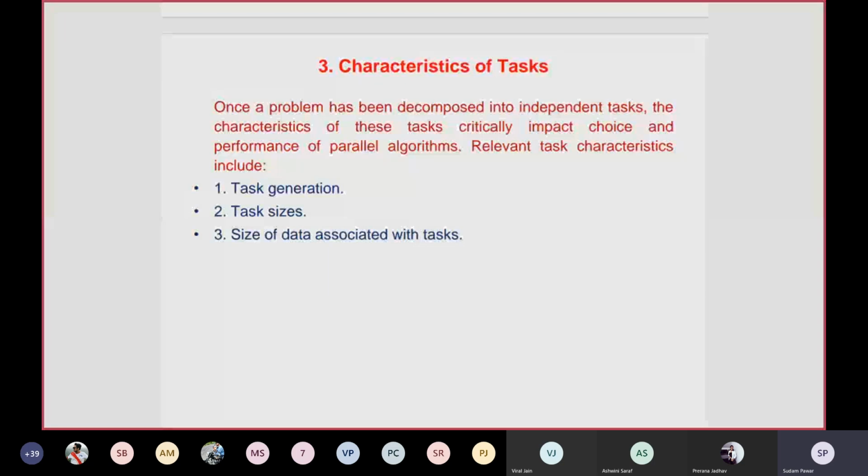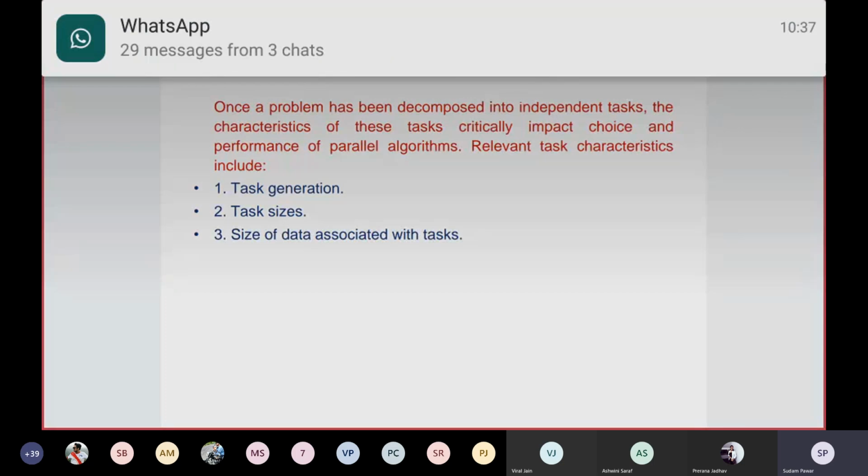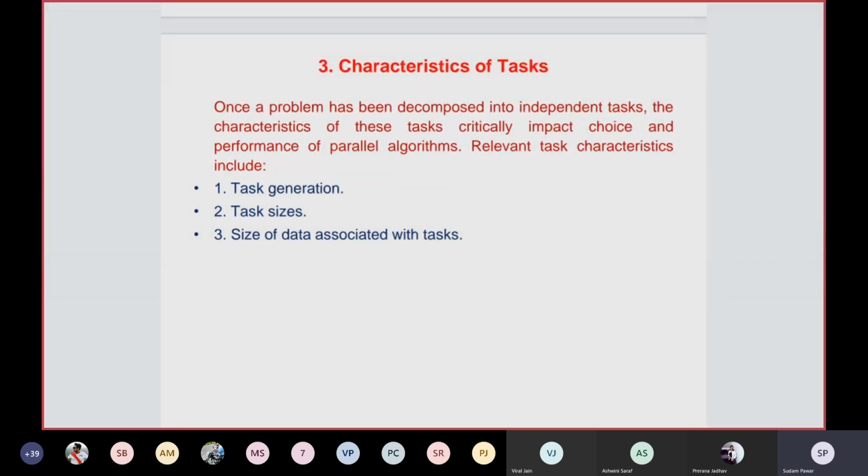Task characteristics are classified into three different categories: task generation, task sizes, and size of data associated with tasks. You can explain the task characteristics based on these three important points.